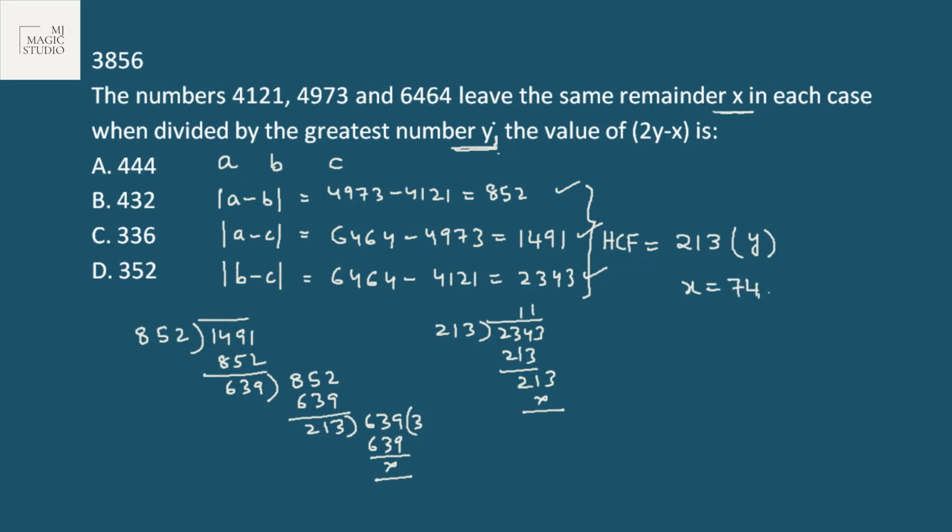The remainder will be 74, and these three numbers when divided by 213 will leave remainder 74. They are asking us to find the value of 2y minus x. So 2y minus x is 2 into 213, that is 426, minus 74, that will give 352. Option D is the pick.